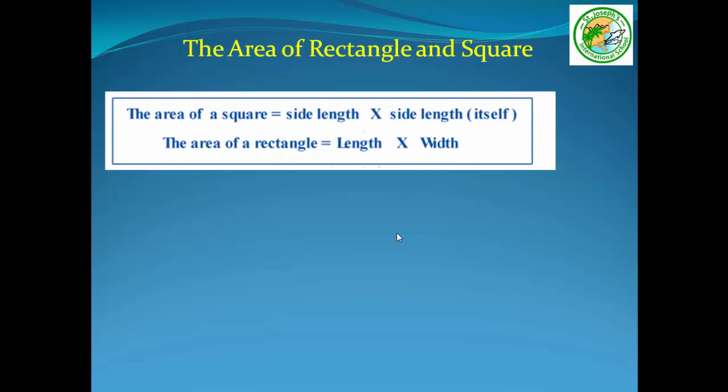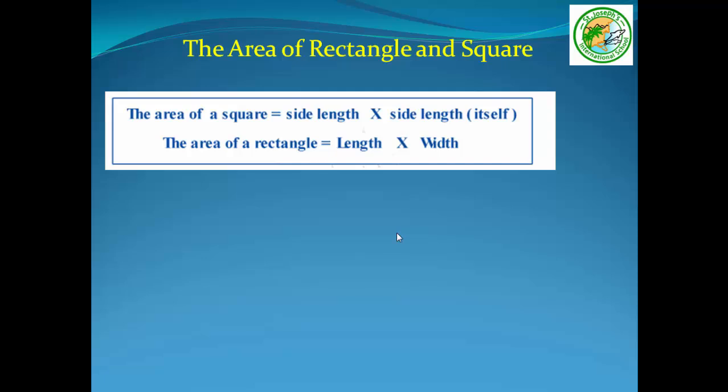Now we will talk about the area of rectangle and the area of square. The area of a square equals side length times side length, because we said the square has 4 equal sides. The area of a rectangle equals length times width.